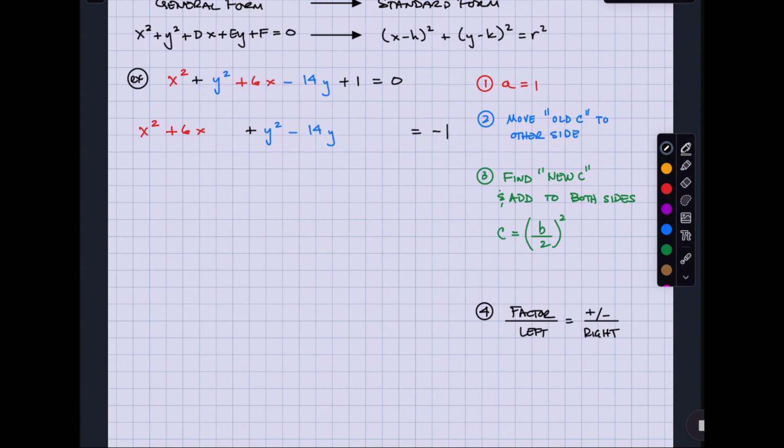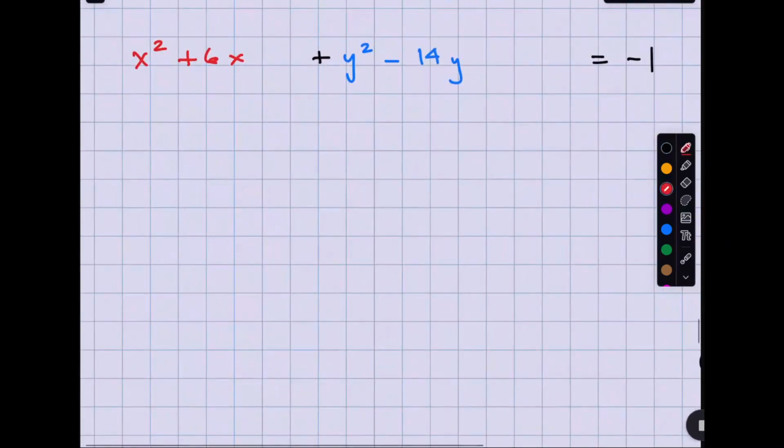And if you get rid of your old C, what do you do next? You got to find yourself a new C, right? All right? So you have to find yourself a new C for the red. And what's the equation for C again? Awesome.